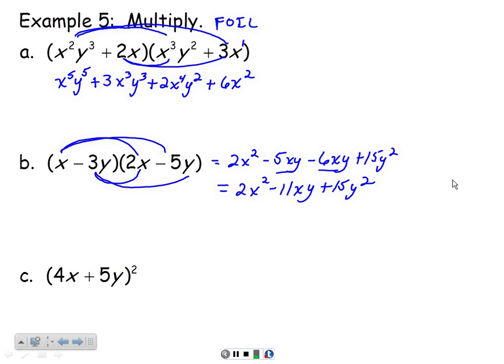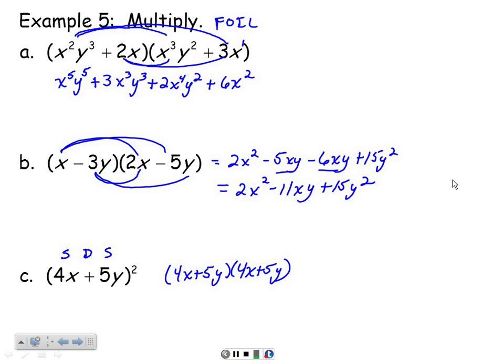Alright, letter C. Remember this? This is the binomial squared. You can either expand it and foil it out, or you can do the pattern, and that's what I'm going to do because I think it's just an easy shortcut. So the pattern for this, remember, is square, double, square.